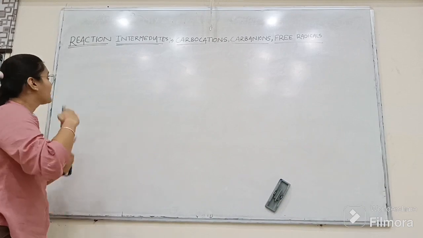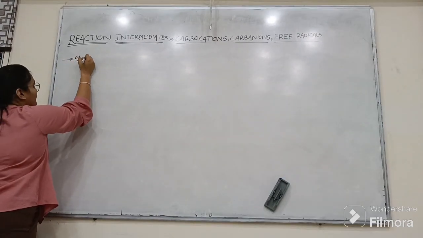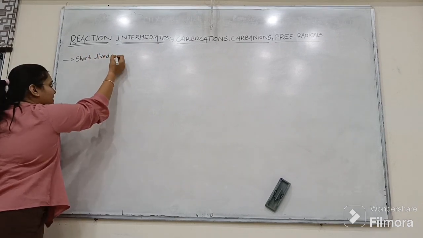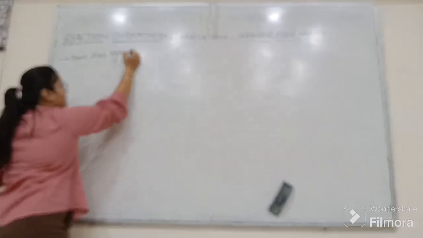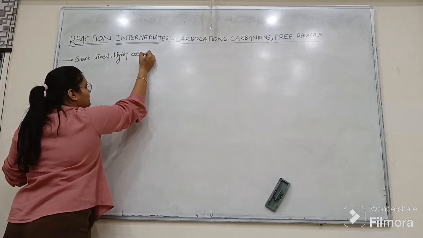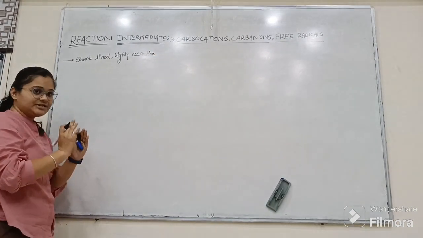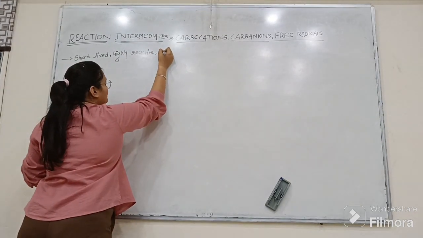So I can say reactive intermediates are short-lived, highly reactive, unstable species.